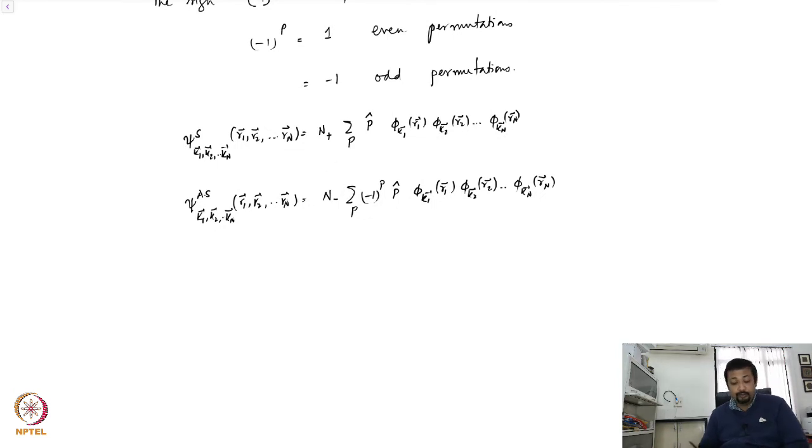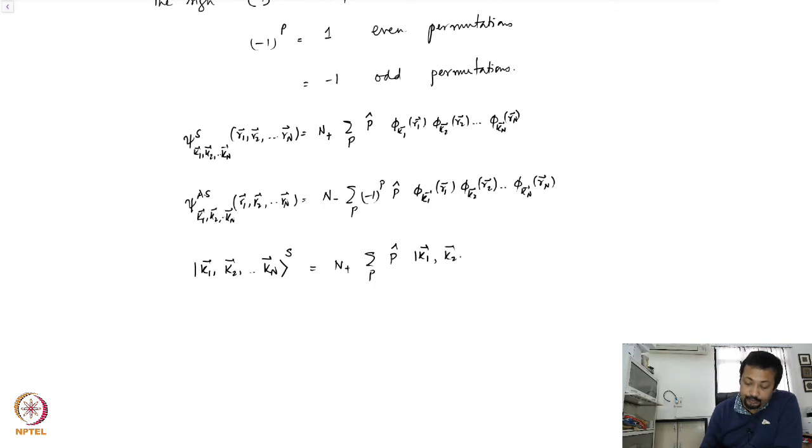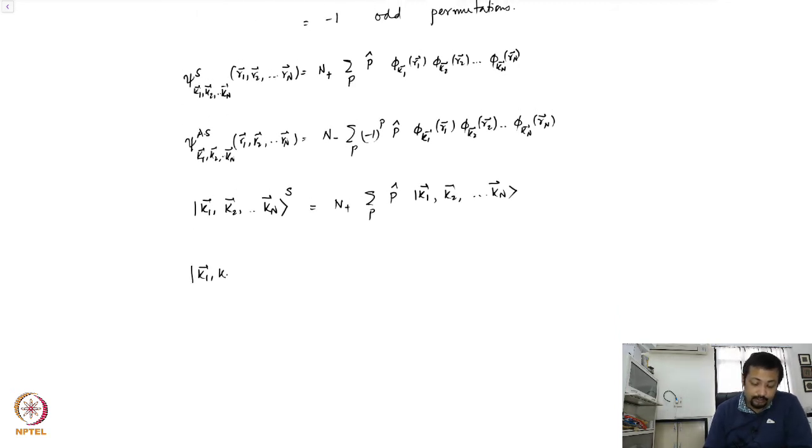For our benefit, we are going to write this in Dirac notation, which would mean that the symmetric wave function |k1, k2, kn> is N plus times the sum over P hat of P hat |k1, k2, kn>, and the antisymmetric one is going to give me N minus times the sum over P hat of minus 1 raised to the power P hat, P hat |k1, k2, kn>.